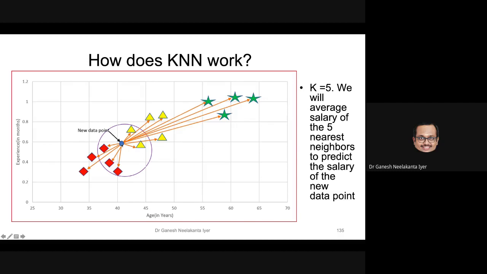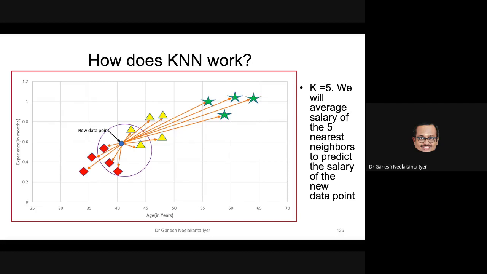That means this new data point will belong to the red diamond category. This is how I determine which class this belongs to. This belongs to red diamond because among my K nearest neighbors, the majority of them fall in one category. So that is a very simple illustration to understand KNN.